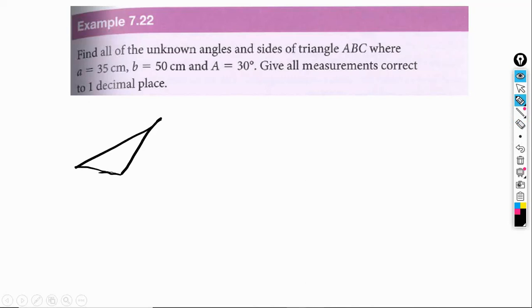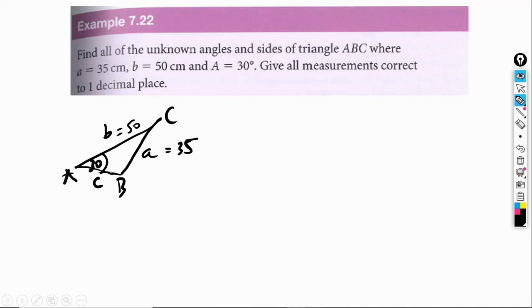So this would be angle A or vertex A, B, and C. Remember that this would be side a, this would be side b, and this would be side c. And we know that this is 30 degrees. We know that b is 50. And we know that a is 35.